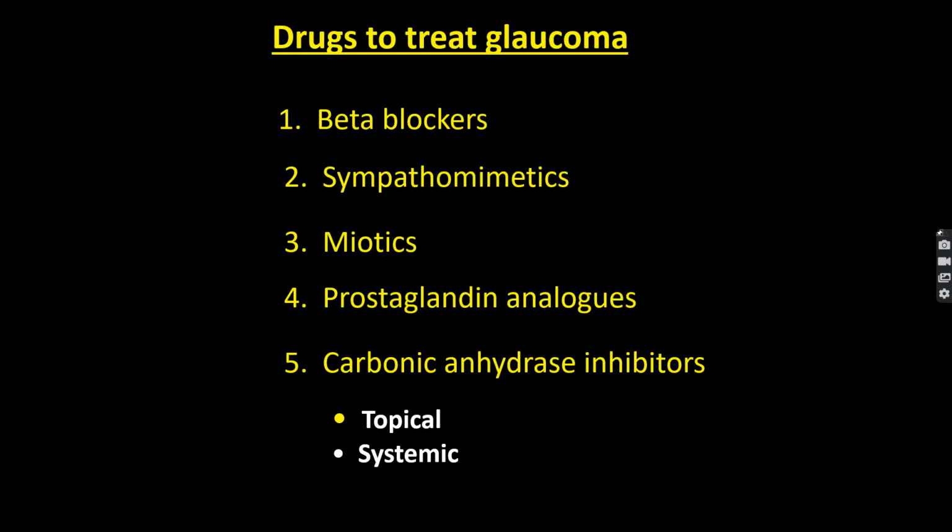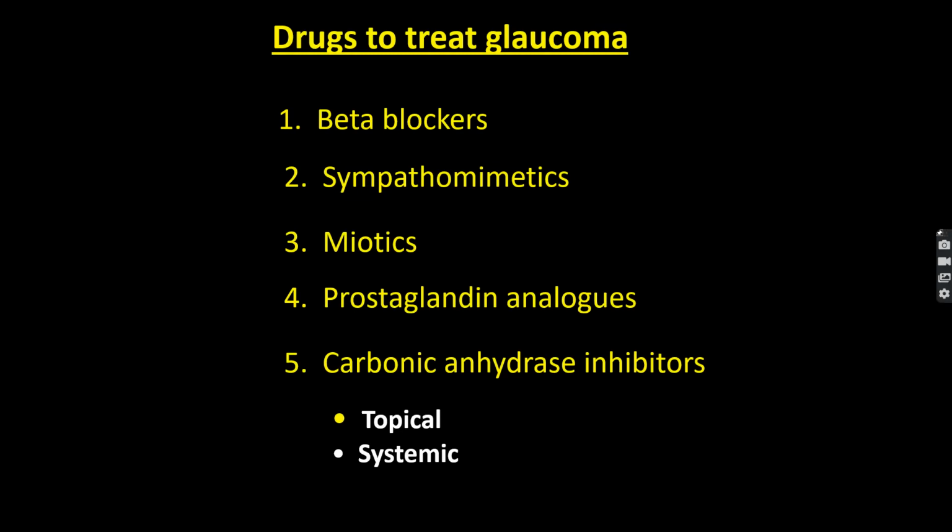And if laser treatment is not enough, then we can go for surgery. So once again, I repeat, the only thing which we can do in primary open angle glaucoma is to reduce the intraocular pressure. Reduction of intraocular pressure can be achieved by drops, by oral medications, by laser surgery, or by conventional surgery.